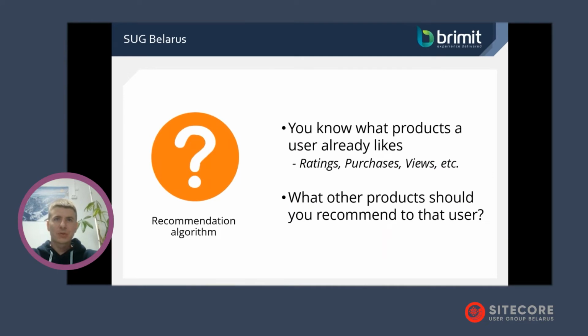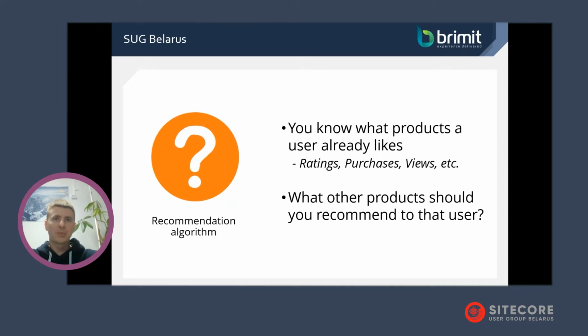One of the most common uses of this data is to take the knowledge about what products a user already likes. That can come from ratings that a user has given to products, or from user orders or product page views, etc. Using this information, the recommendation algorithm tries to answer the question: what other products can we recommend to that user?